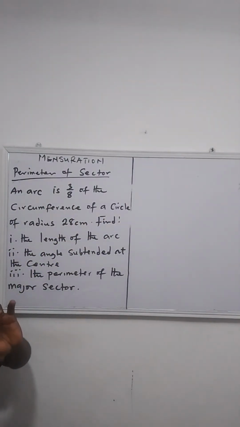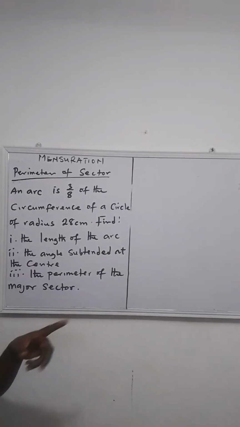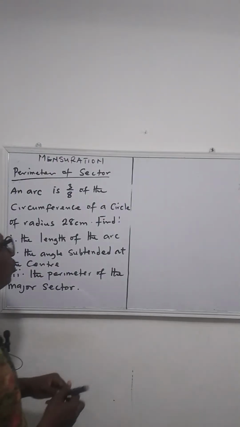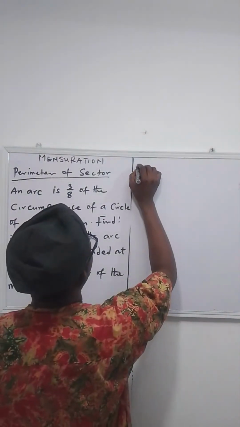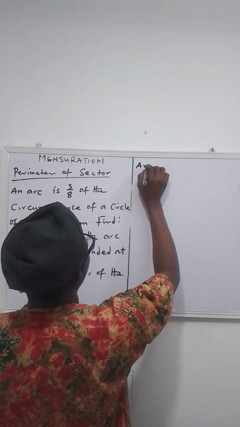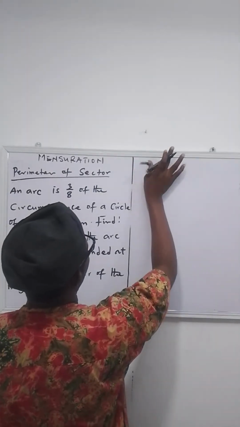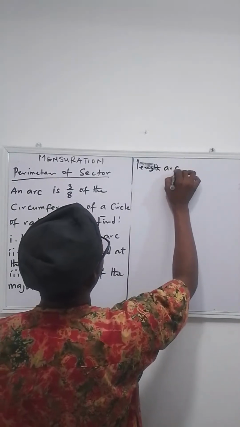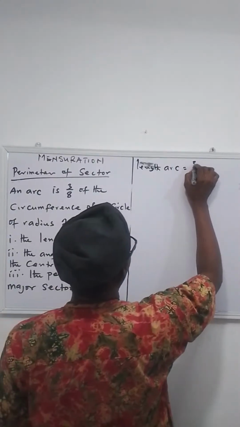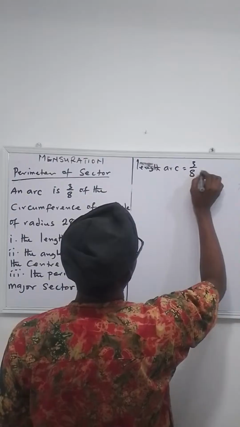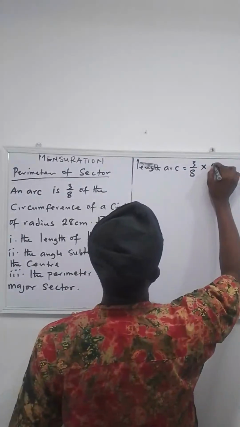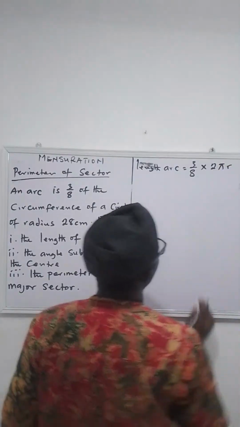Now, what comes to mind is, what is the circumference of a circle? What is the length of the circumference of a circle? That is 2 pi r. So now the length of arc is going to be 3/8 of, that is times 2 pi r.